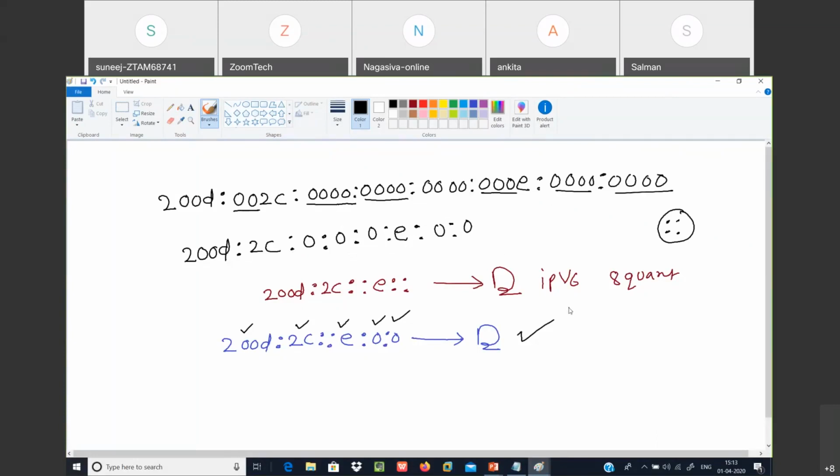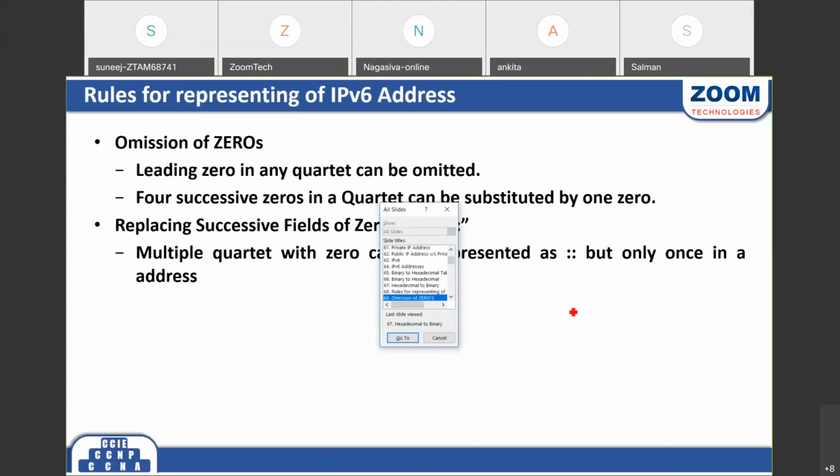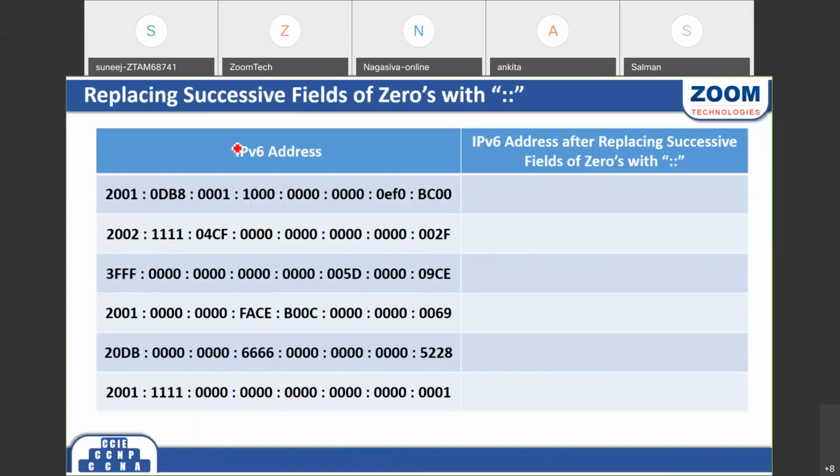Let me do some practicals, replacing of successive fields. Here, first example. You can represent, guys, first example: 2001 colon, the leading 0 is being omitted.